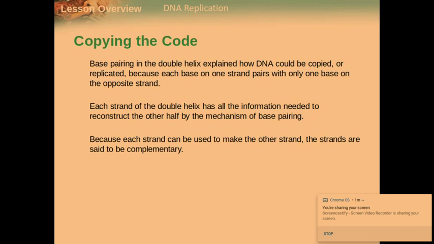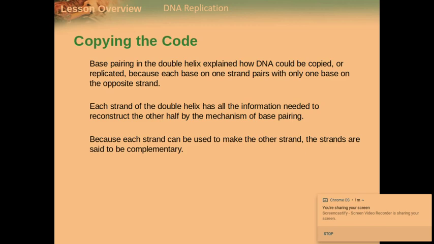So base pairing in the double helix explained how DNA could be copied. We have the A's and T's and G's and C's, and that's basically our code, because each base on one strand pairs with only one base on the opposite strand. Because the A bonds with T and the C bonds with G, that means you can code the material.